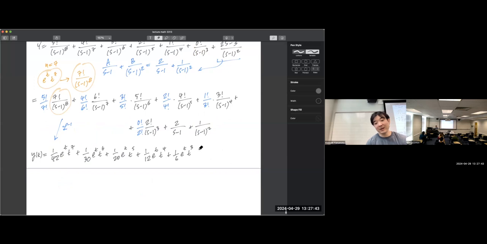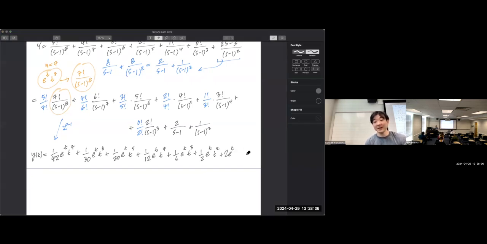Then the last one: 0 factorial is just 1, and 2 factorial is just 2, so it's going to be half times e to the t. What's the inverse Laplace transform for 2 over s minus 1 squared? Yes.